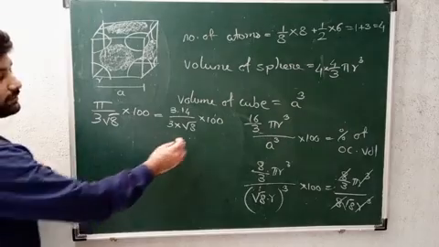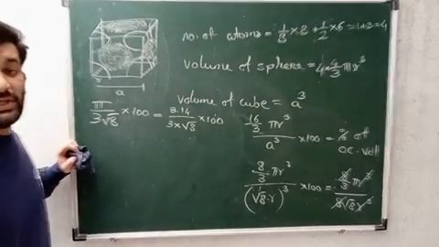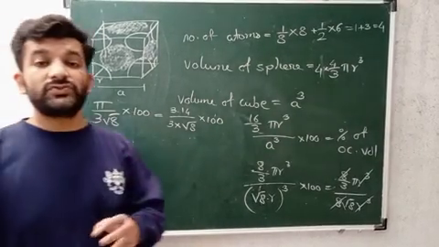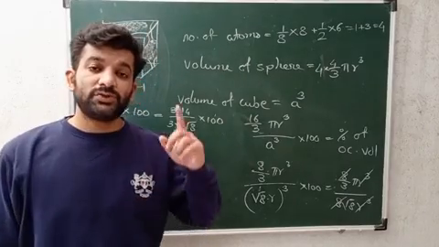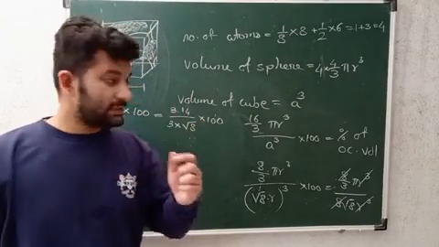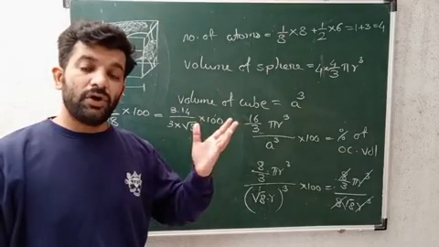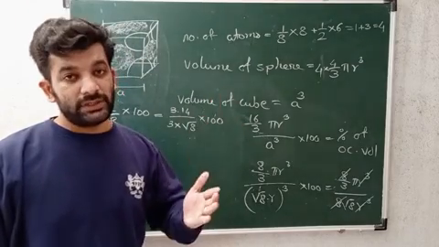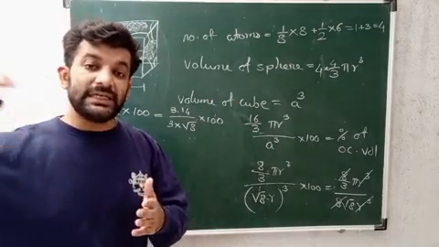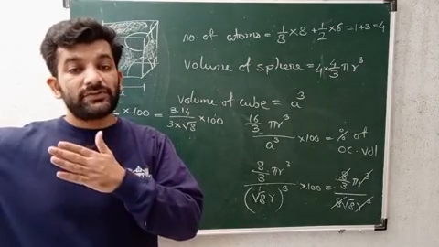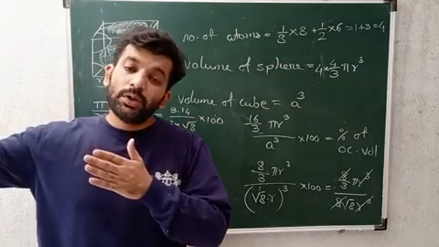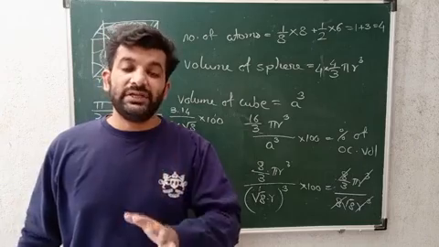There are two parts: square roots from 1 to 10 and square roots from 10 to 100. This number is less than 10, so you will see the value of square roots from 1 to 10. If the value is greater than 10, then you will see the square roots from 10 to 100. You have to see that very carefully.